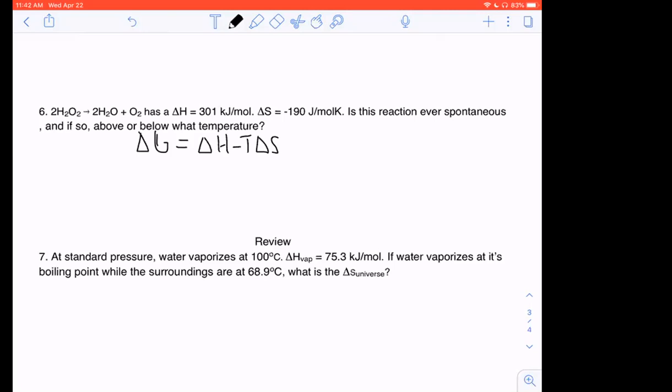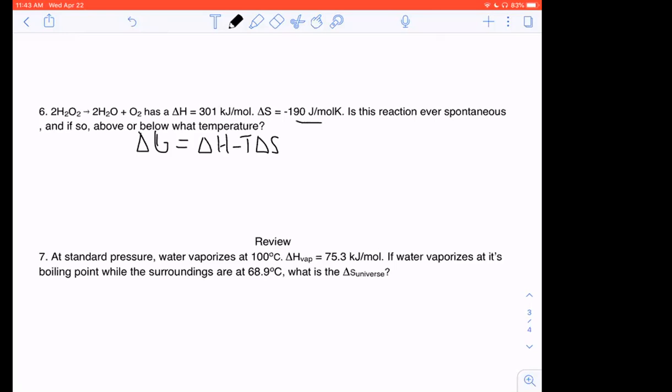All right, so most of you got this correct, but there are two ways to go about this. First, I'll just do the math to start with. Let's plug these values in. Notice delta S is in joules, not kilojoules.